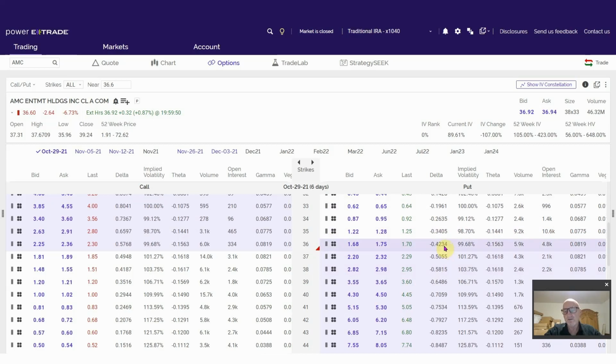But delta is fundamentally the probability that price will hit in 1 week. So the probability is 42% that it's going to hit 36. You have to really understand that all of these numbers are changing every 15 seconds or so during the day, because every time the price moves, this changes. It's all integral calculus, if you want to call it.